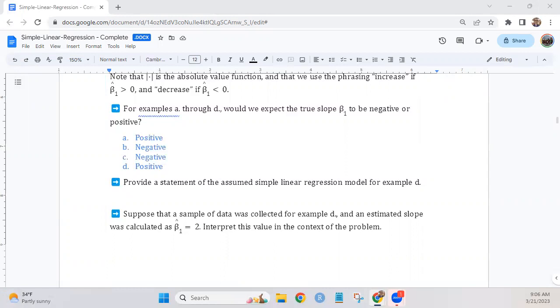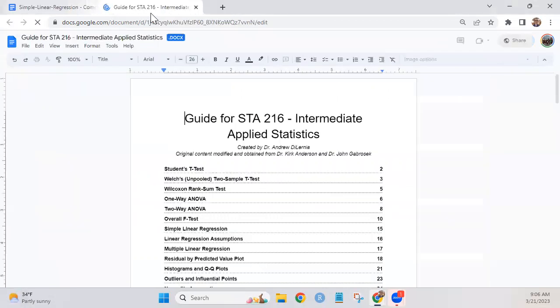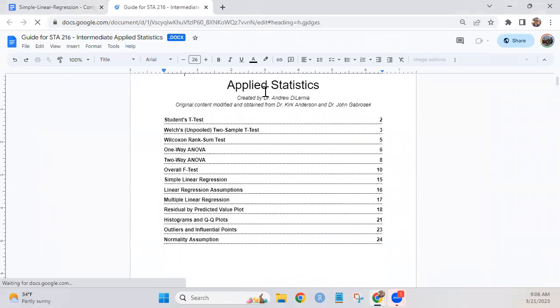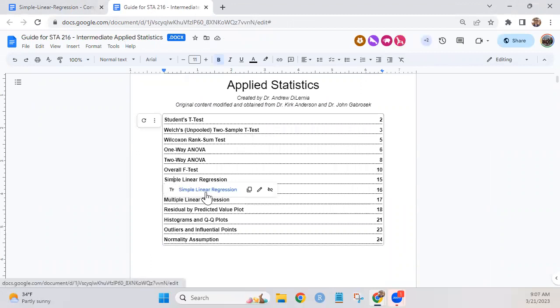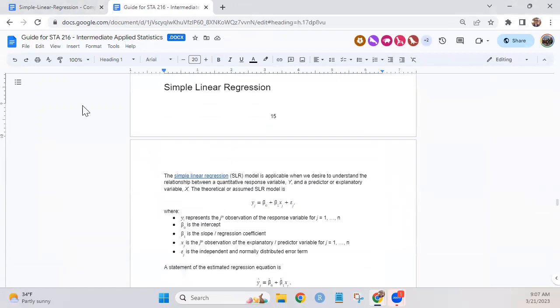Okay. So you can find that on the course schedule, at the bottom of the course schedule. All right. Oh, we have a simple linear regression section. I'll make this a little bigger.